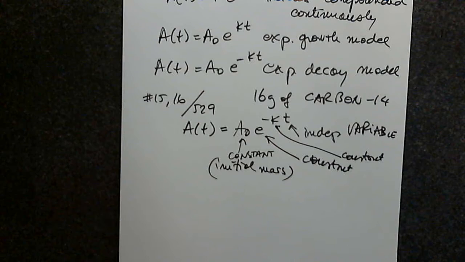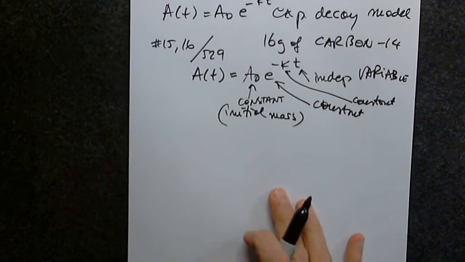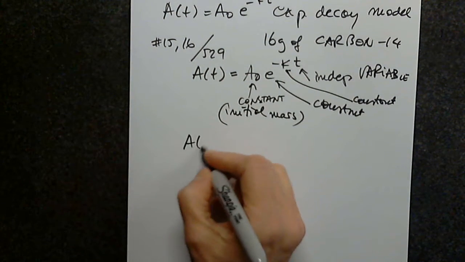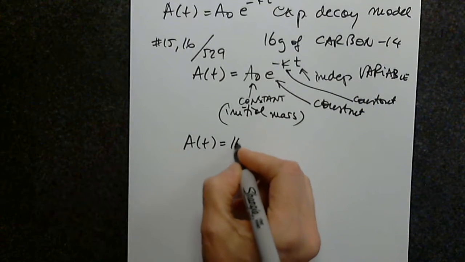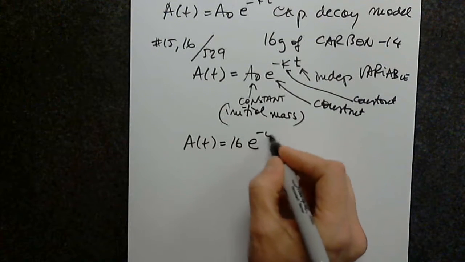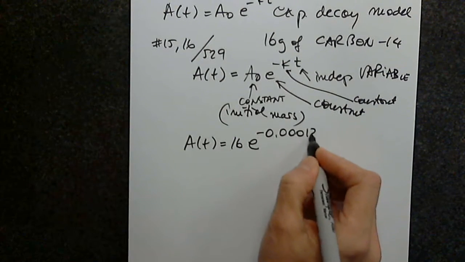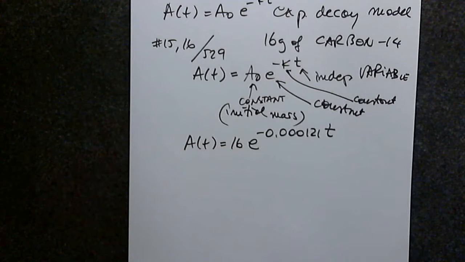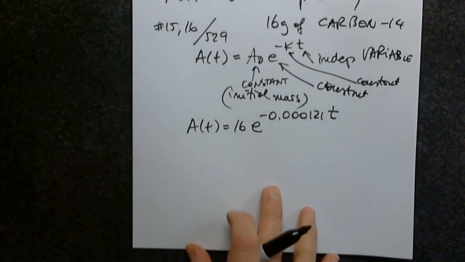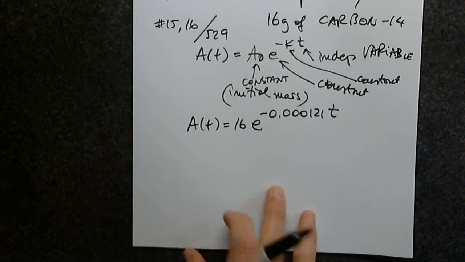Okay, so let's see what we are asked to determine. They are giving us the model. A of t equals 16 e to the negative 0.00121t describes the amount of carbon-14 present after t years. How many grams of carbon-14 will be present?